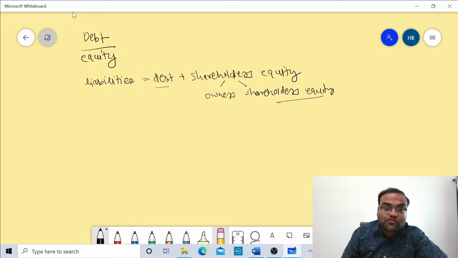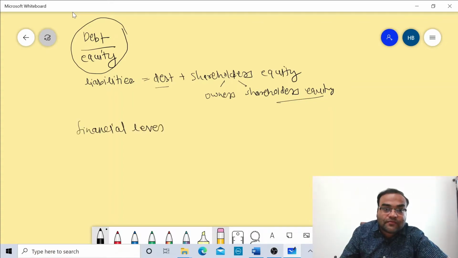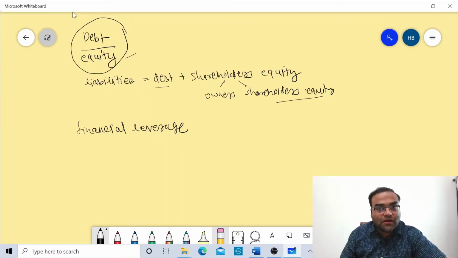So what is the importance of debt to equity ratio? Debt to equity ratio is used to assess the financial leverage of the company. It tells us what portion of money is coming from debt and what portion of money is coming from equity for running the operations of the company.